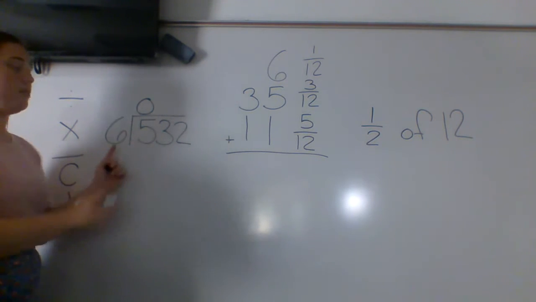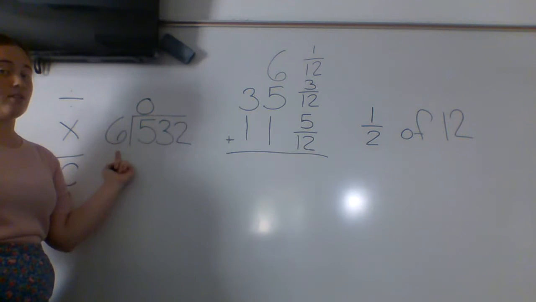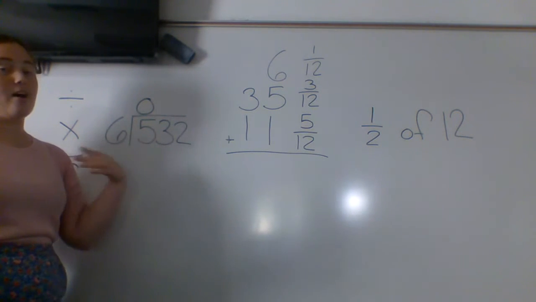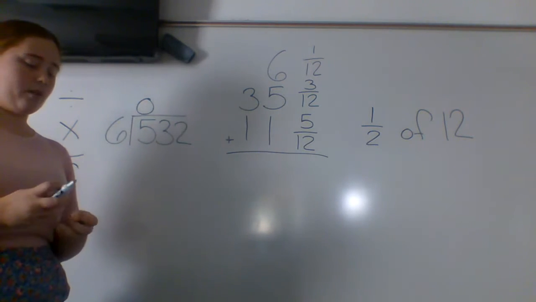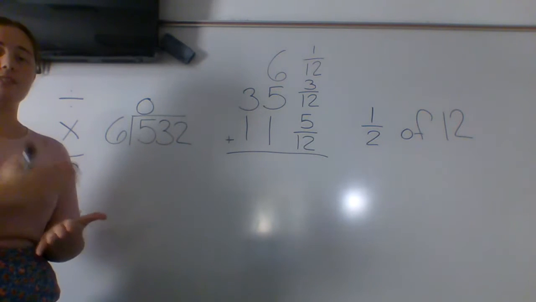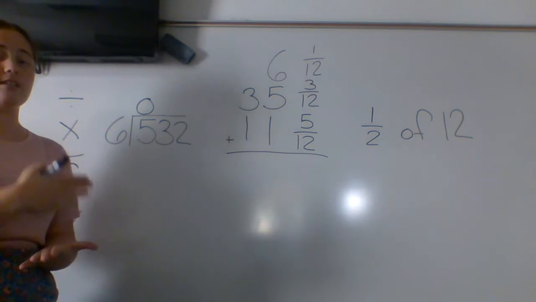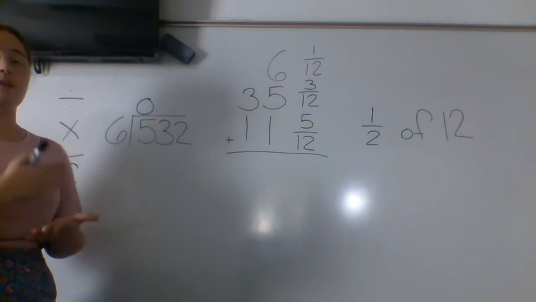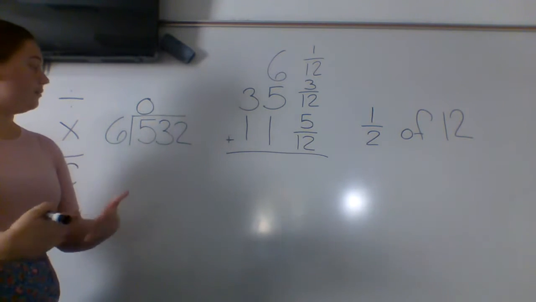So 6 will go into not just 3, 6 will go into 53. So 6 will go into 53 how many times? Okay, we know our 6's. 6 times 6 is 36. 6 times 7 is 42. 6 times 8 is 48. 6 times 9 is 54.